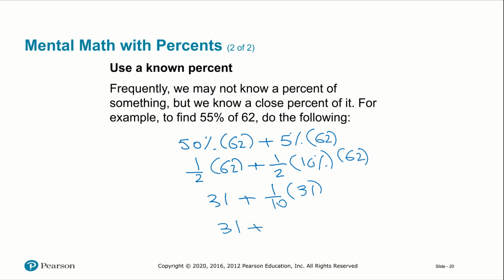So I get 31 plus 3.1, which is 34.1. Now, you're thinking, whoa, that's a lot of steps. So how is that mental math? Well, the point is, notice we didn't use a calculator at all. We didn't need it because we were able to do it all with simple math here, arithmetic.